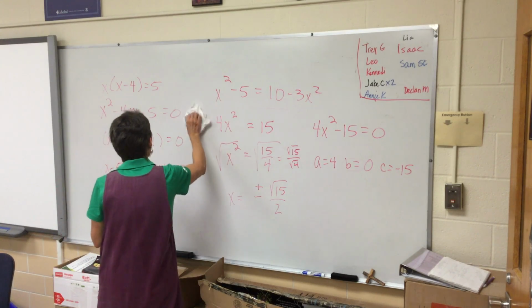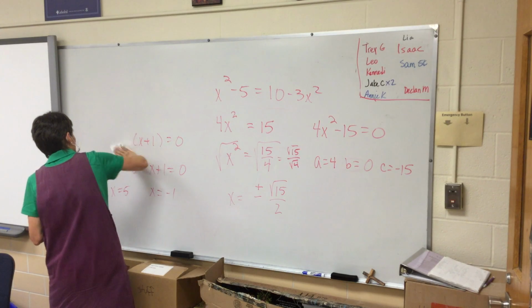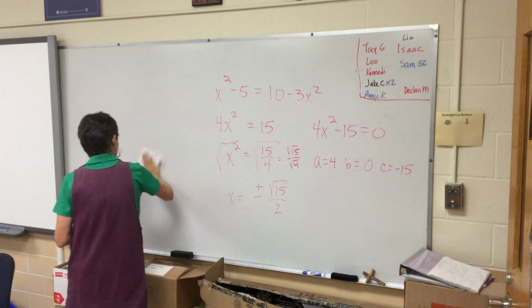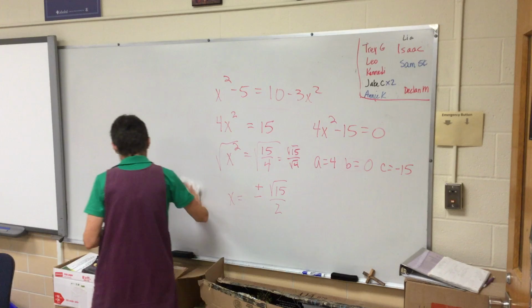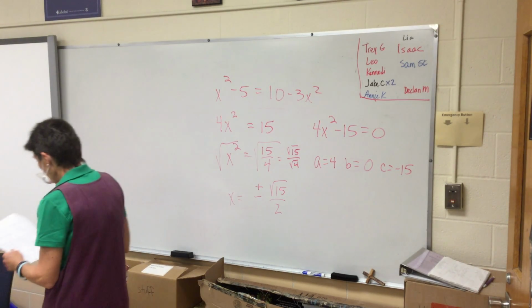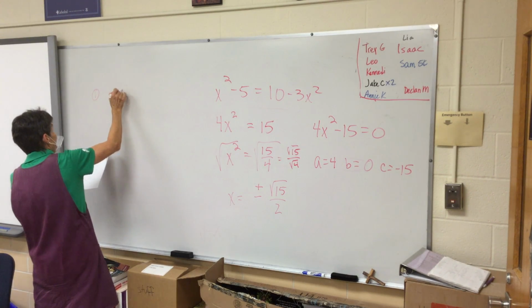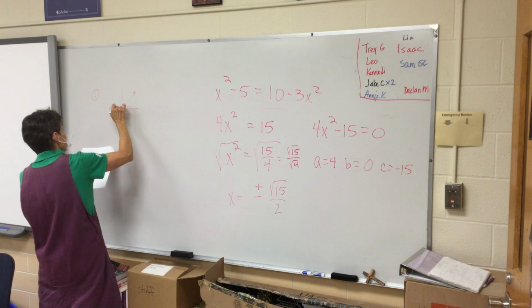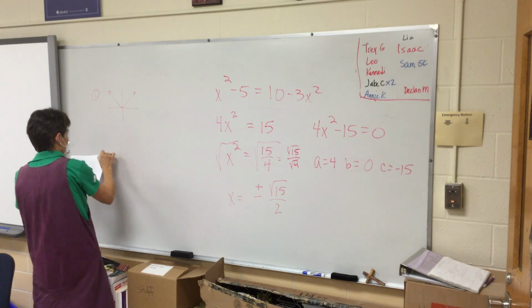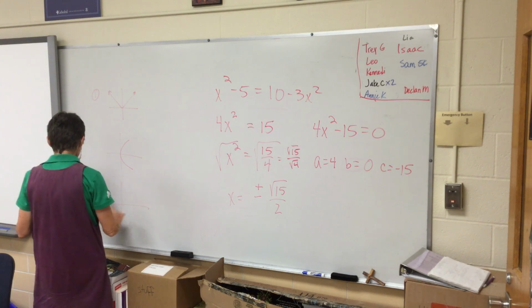So now we're starting the actual chapter. All right. So, question number 1. Let's see if you remember how you tell if things are functions or not. Vertical line test.